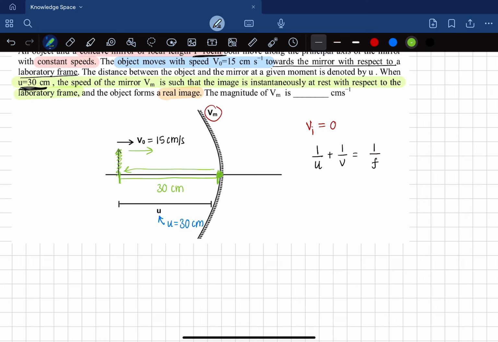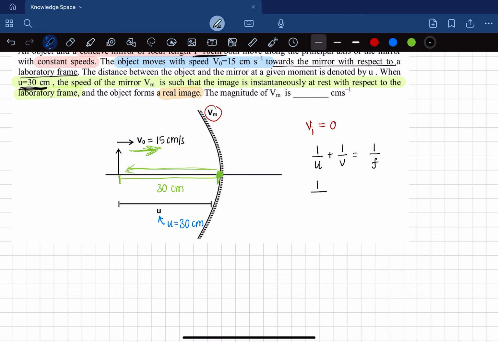So here the light rays from the object are traveling in this direction, but if we're measuring from the pole, it would be in that direction, which is opposite to it. So hence, u would be negative here.